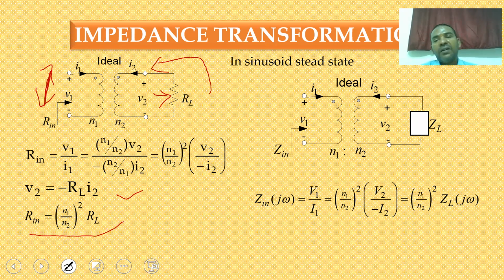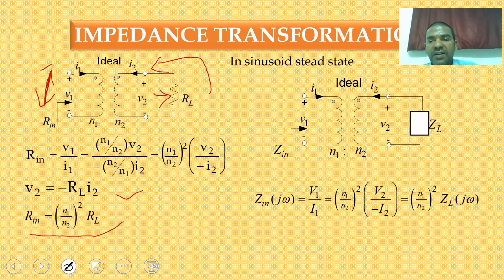Similarly, for impedance under steady state conditions of sinusoidal excitation, V1 is the applied voltage, I1 is the applied current, V2 is the voltage drop across the load or the induced EMF generated by the secondary coil.